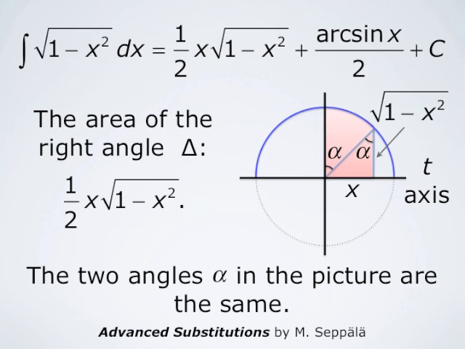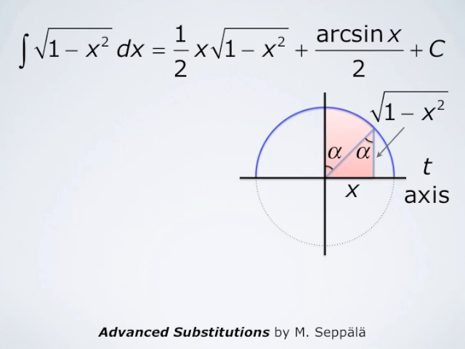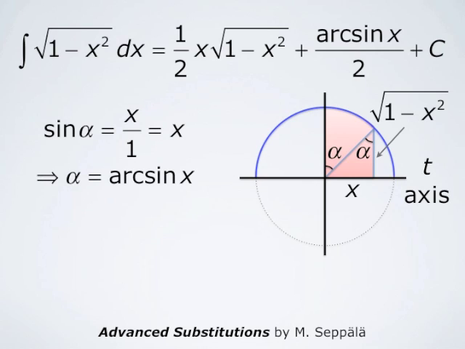Now the right angle triangle has hypotenuse of length 1, because the blue curve is an arc on the circle of radius 1. So we observe that sine of alpha, just by looking at this right angle triangle and the rightmost alpha in the picture, is x divided by 1. So sine of alpha is simply x, and this means that alpha is arcsine of x.